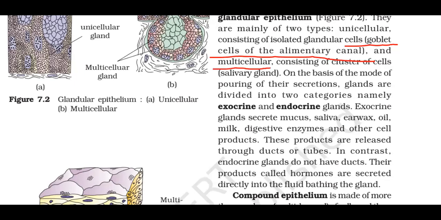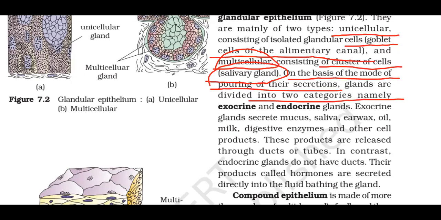Here we discussed that for unicellular the best example is goblet cells. Now multicellular ones consist of clusters of cells. They are called salivary gland. நல்லா புரிஞ்சுக்கணும். Cluster of cells ன்றது என்னது? Salivary gland. On the basis of the mode of pouring of their secretions, glands are divided into two categories.